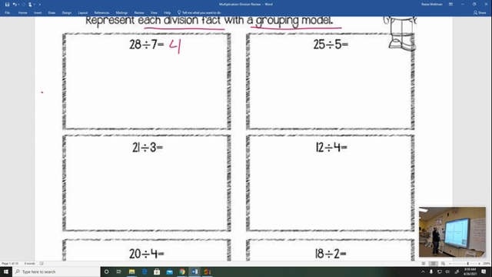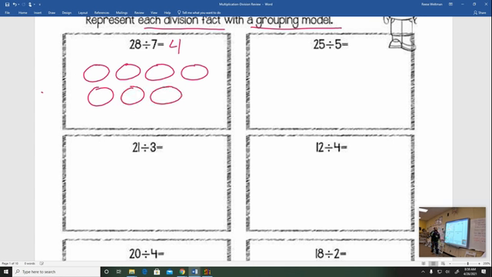So what if we went like this? So what if we said we wanted 1, 2, 3, 4, 5, 6, 7. We made 7 groups, because that's really what we're looking at, right? 7 groups. And we said 1, 2, 3, 4, 5, 6, 7, 8, 9, 10, 11, 12, 13, 14. Okay, it's 1 away at 14.